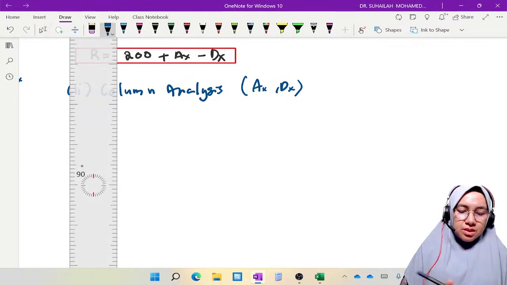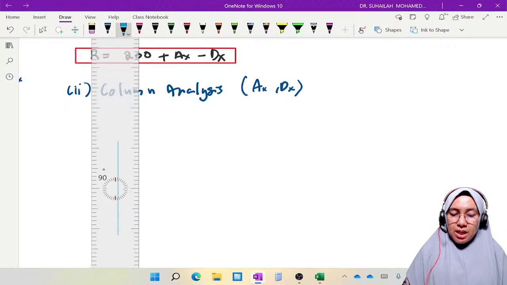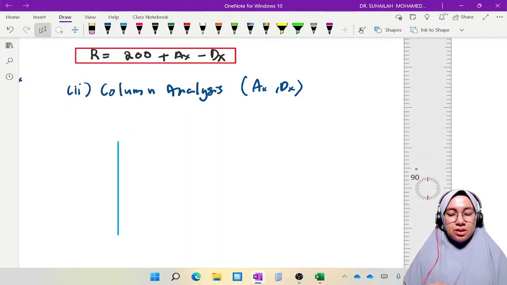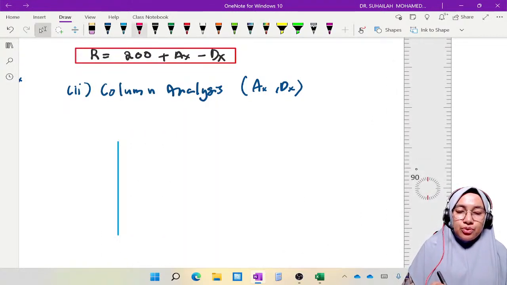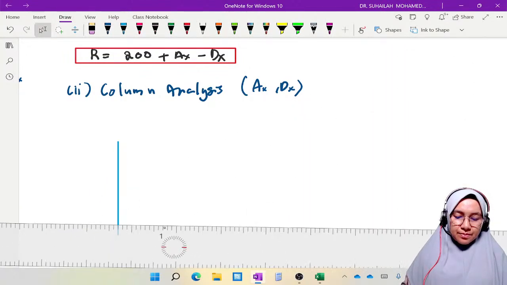So it is actually like this. This is the column, column AB. At A we have AX.